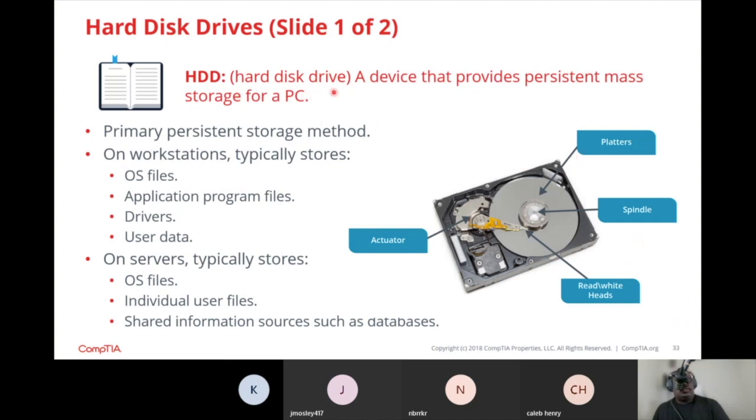HDD, hard disk drive, is a device that provides persistent mass storage of a PC. Primary persistent mass storage on workstations typically stores the OS, the applications, drivers, and user data. On servers, it normally stores OS files, individual user files, and shared resources such as databases.